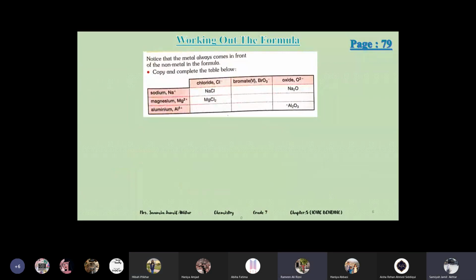Okay, there is this table also in your book, working out the formula. On the same page, you have negative ions and positive ions written in the columns. What are these negative ions called? I told you the names.